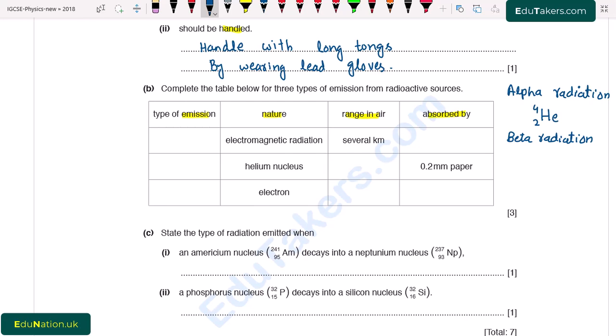Beta radiation is just like an electron and it is negatively charged. Third one is gamma rays. Gamma rays are very energetic and neutral, just like electromagnetic radiation, moving with the speed of light. So I write here it's electromagnetic radiation.